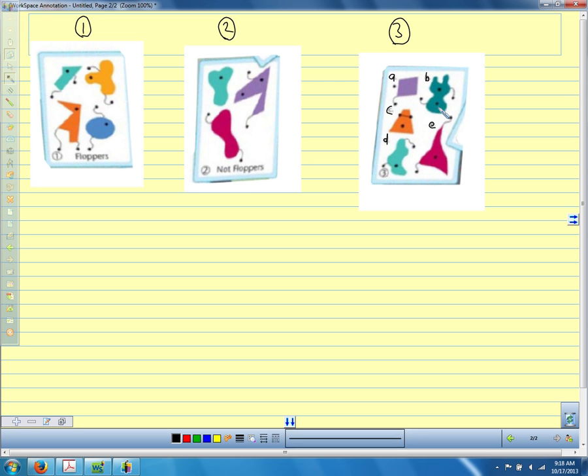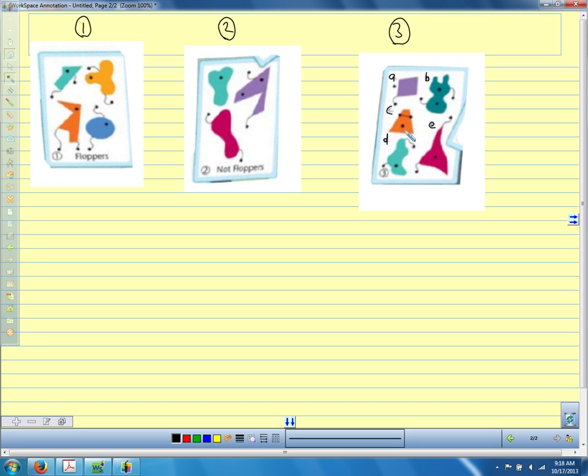One person says yes, Jason says no, Marie says no. So what's wrong with B that makes it not a flopper? Jason: it has 2 dots inside. All of these just have 1 dot inside. This one that has 2 dots is not a flopper.